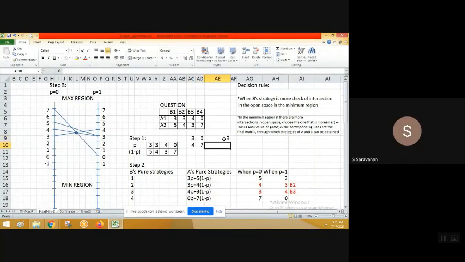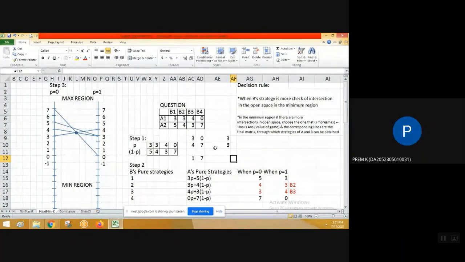So here it is 3, 3 and 1 and 7. Okay, yeah, that would be better.